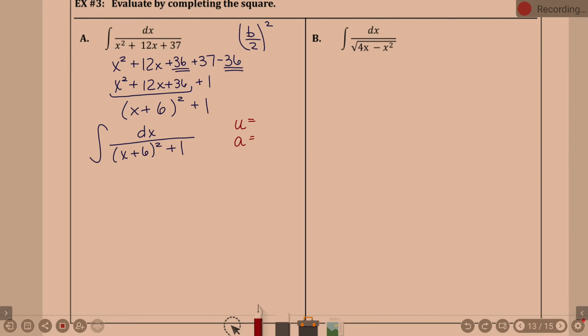So with this in mind, think in terms of u squared plus a squared, is what we're looking at, right? I'm trying to give you some notes here. So what is u and what is a? Well, u is x plus 6, a is 1.